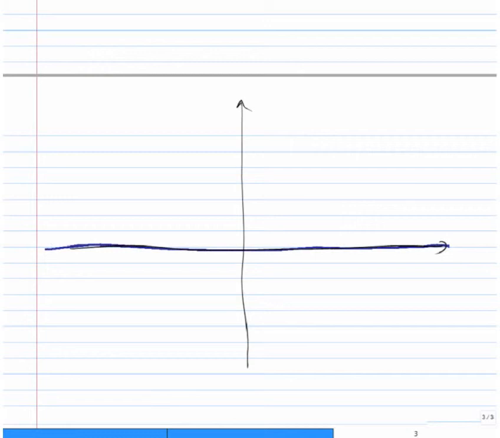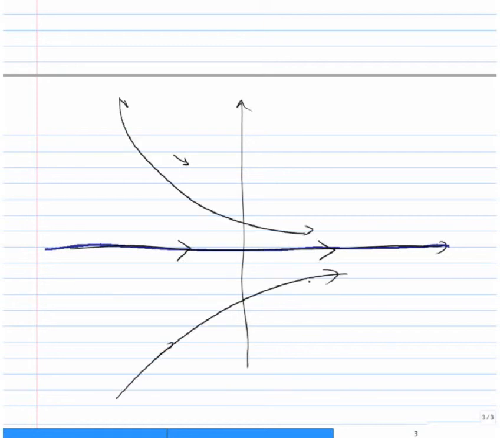We have no equilibrium point, and we need to find now the arrows along this one. I'm sorry, right: dx/dt is equal to x squared minus a, which is always positive. So here it's going to be right. So the arrows are like this, and the solutions are behaving like this and like this.